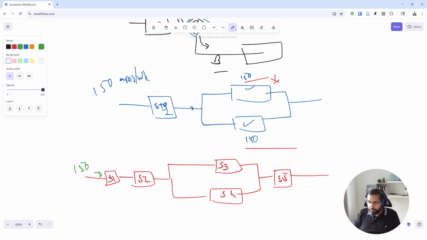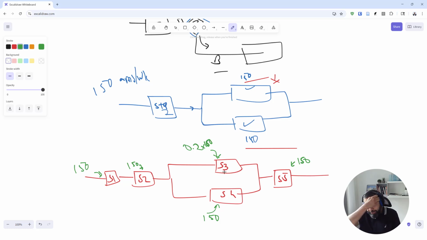That will be the load here, here, and here, because step 4 happens for every single application. And here too, S5 happens for every single application. But the load here is going to be 20% of 150, because the question tells us we only need to do a credit check for 20%, maybe of the high risk applications or whatever. So we do 0.2, 20% times 150. That will be the load on this step.